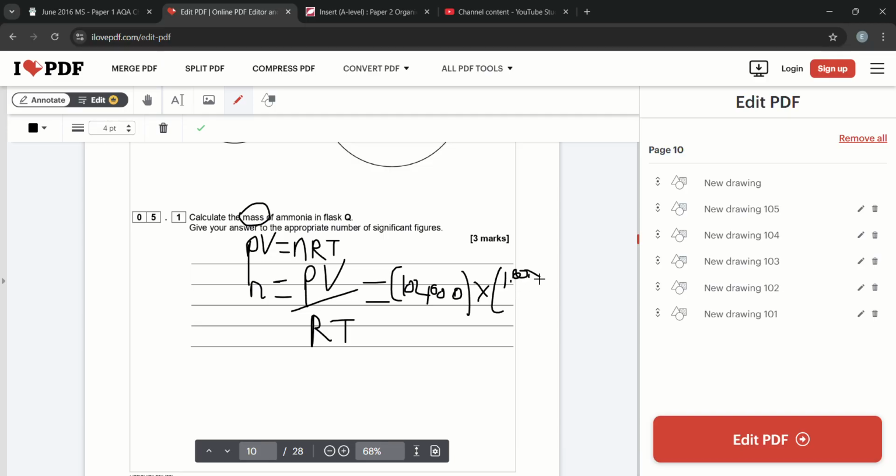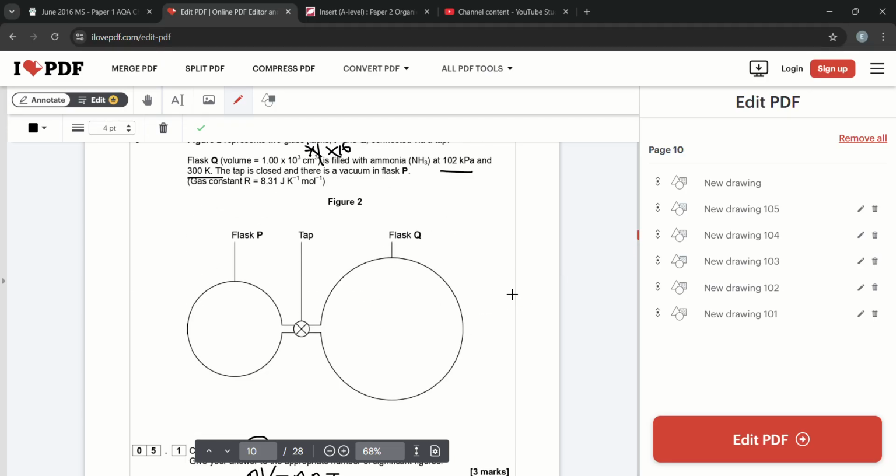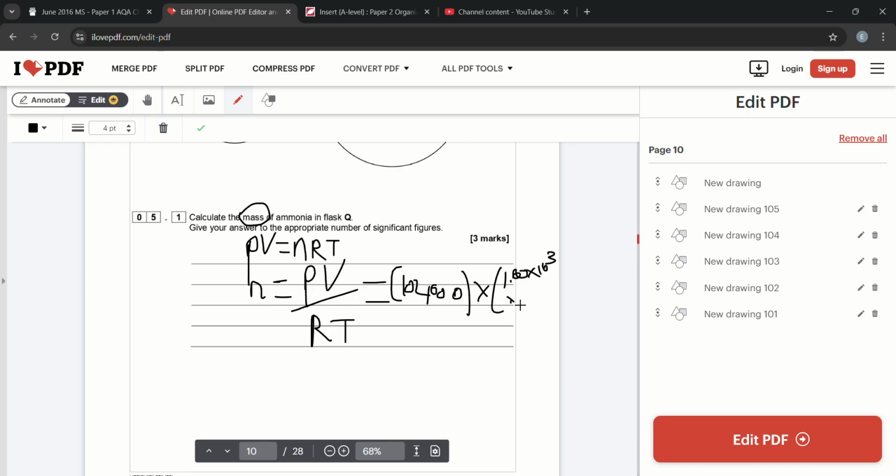So 1.00 times 10 to the power 3 times 10 to the power minus 6, divided by R, which is 8.31, times by temperature, which is 300 Kelvin. It's already in its correct unit, Kelvin.